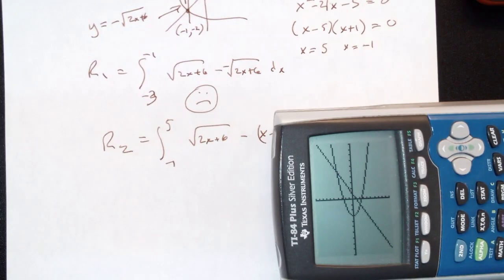So what if instead of trying to do this as if my rectangles went from top to bottom, I turned the entire thing sideways and let my rectangles go horizontally?